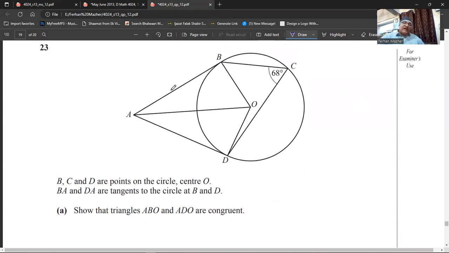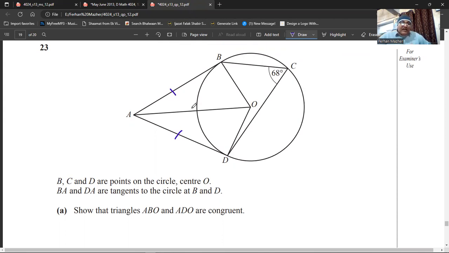You see, the AB and AD sides are equal, because they are the tangents from the same external point to the same circle. So those two tangents are equal in length.